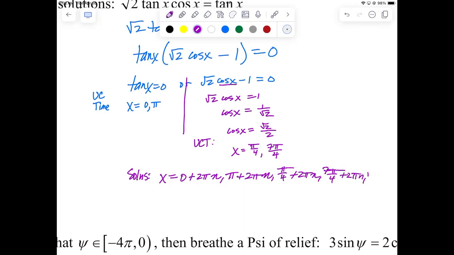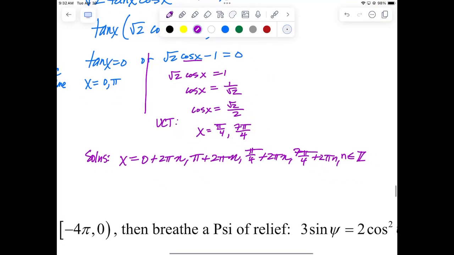And then I'm going to say comma where n is an integer. You just say plus 2 pi n at the end of them. That gets you all of them. Those are the equations that generate the rest of them.